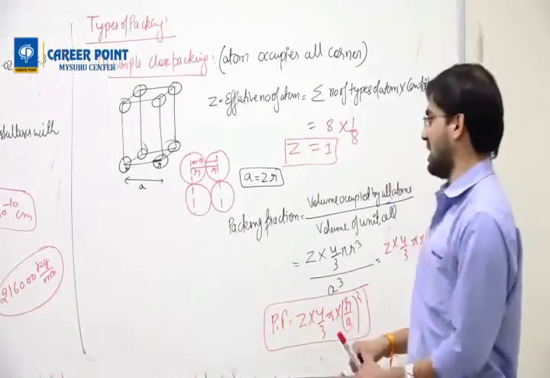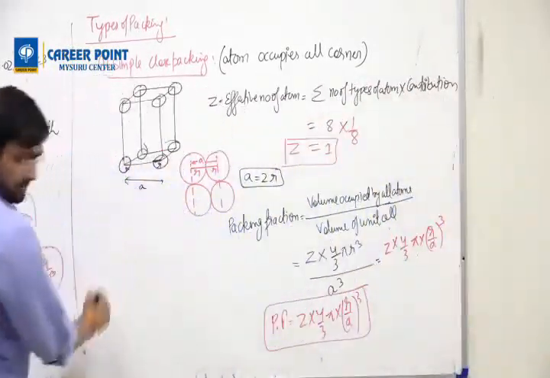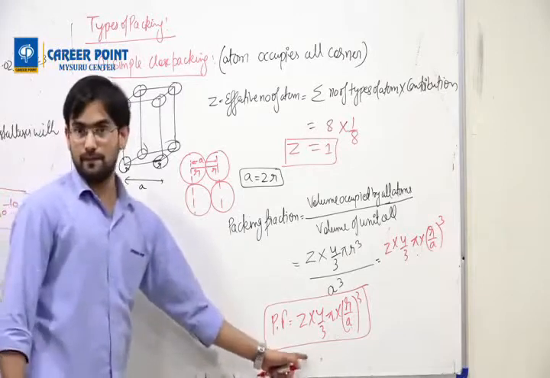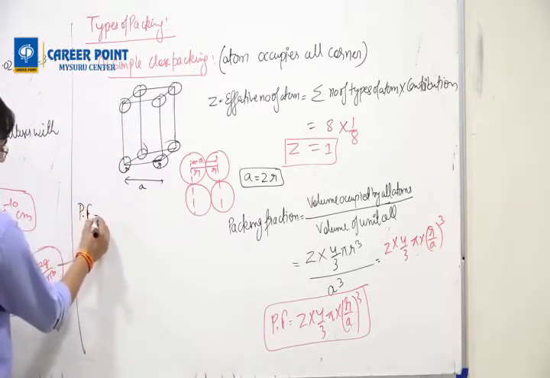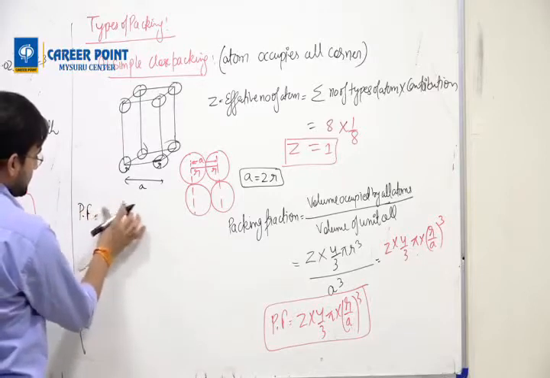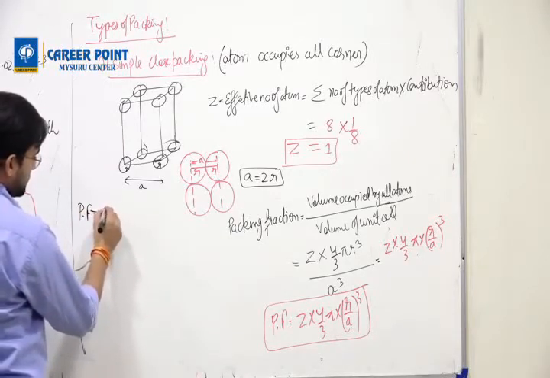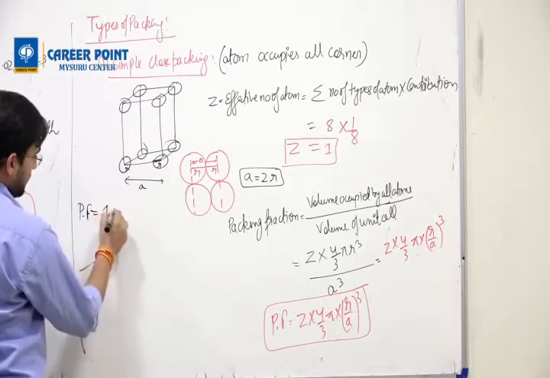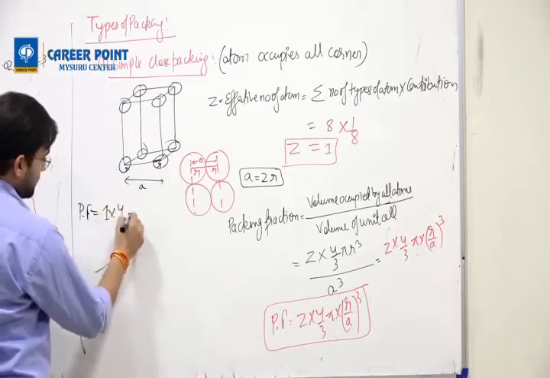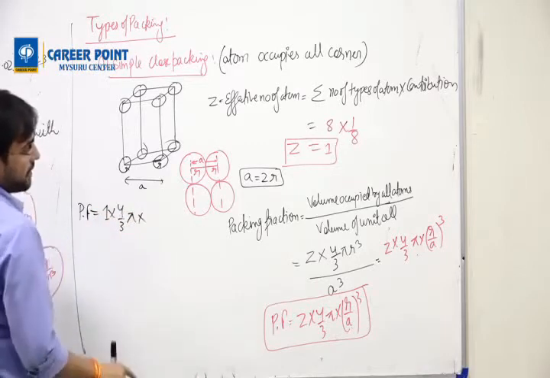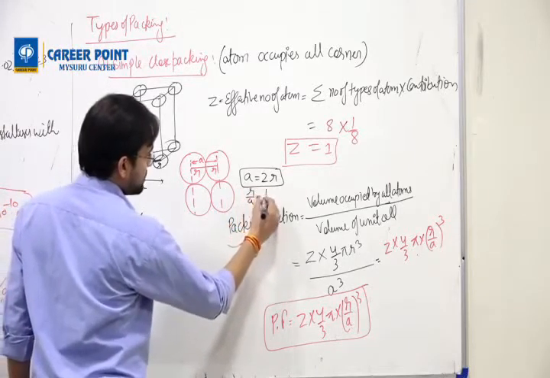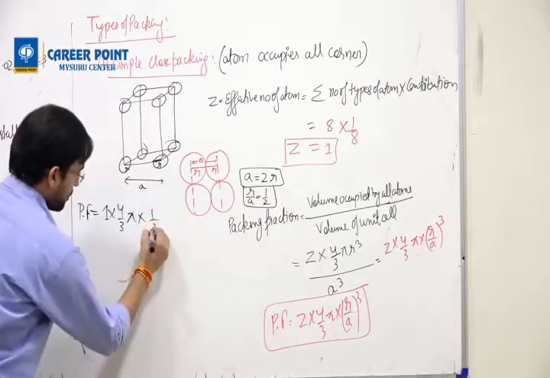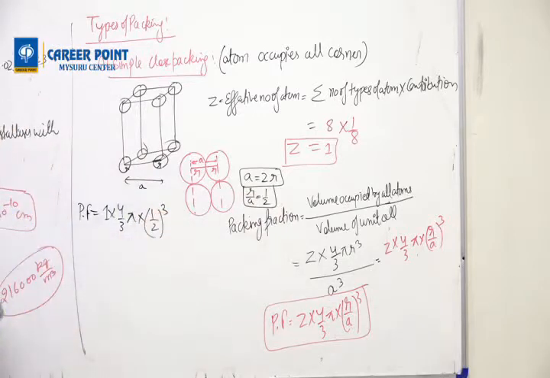This formula I'm going to write here. So packing fraction equals, Z is coming as 1 into 4 by 3 pi into r by A. A equals 2r, so r by A equals 1 by 2, 1 by 2 whole cube. Understand this?